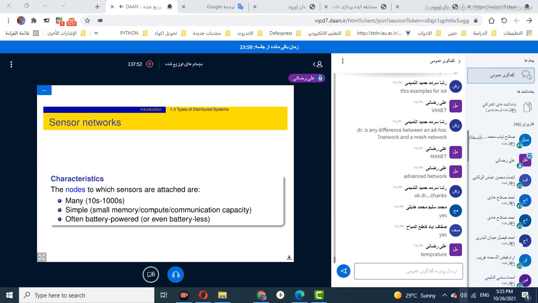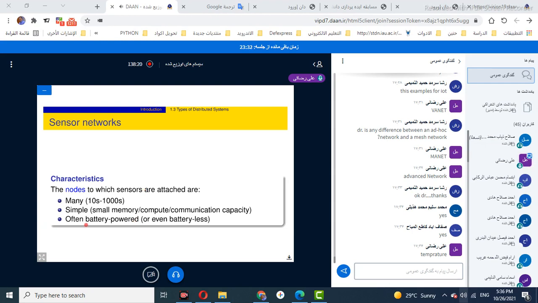Okay, so sensor nodes are very cheap. They're very simple. They have a very small memory, very weak computational power, and also they have a very weak communication capacity. For example, they may use Bluetooth or a wireless to communicate. Simplest form of wireless network, of course.